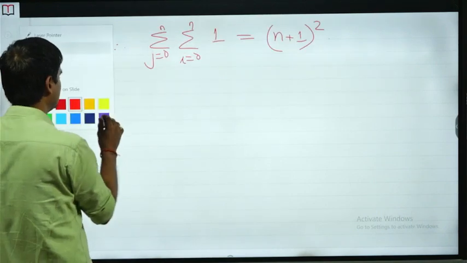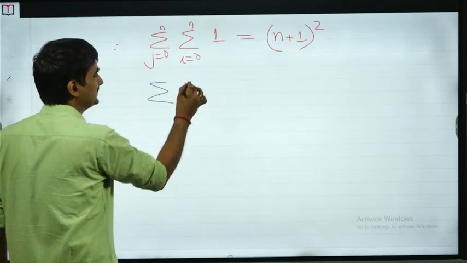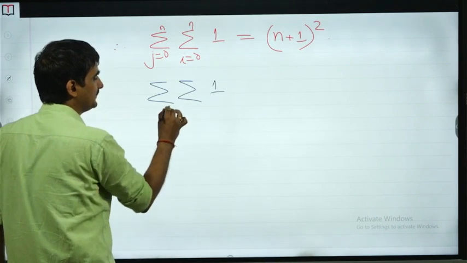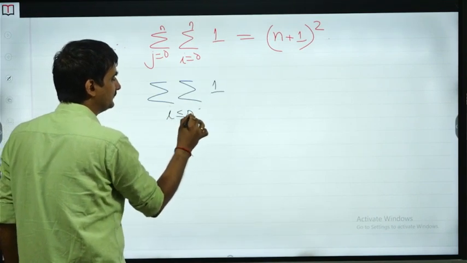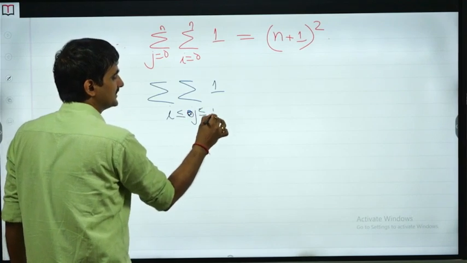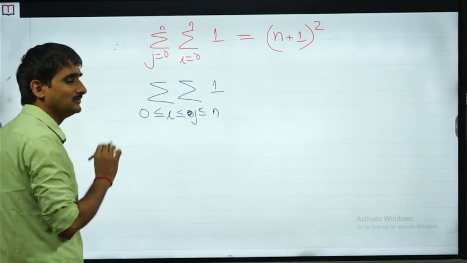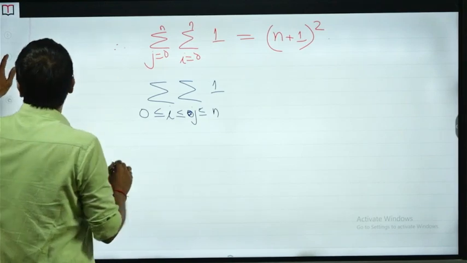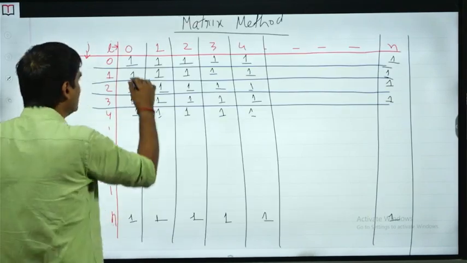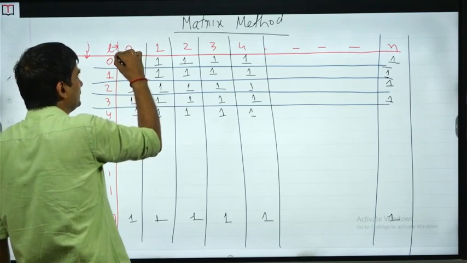So the question for us is the double summation of 1 when i is less than equal to j, less than equal to n, where i is greater than or equal to 0 on the other side. Okay, so now look at this matrix. Of course it's a square matrix.